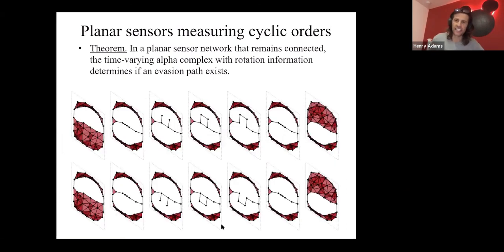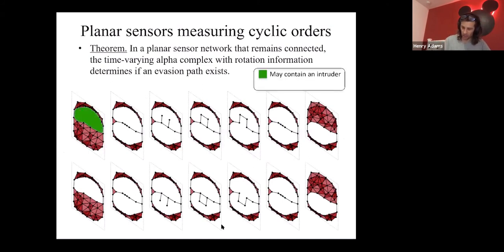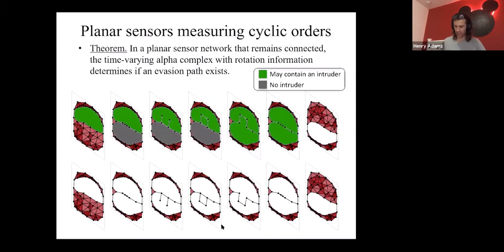So how do you proceed in this theorem? Pretend we had the alpha complex so that there were no crossing edges. You just trace out these boundary cycles. And as time changes, you can keep track of which boundary cycles may contain an intruder, which we'll label in green, or which one necessarily can't contain an intruder, which we'll label in gray.